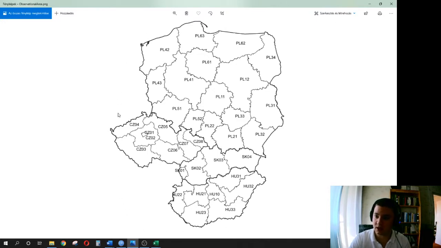So for the next 5 or 6 occasions, we are going to measure the degree of the spatial differences in this observational area, in this big region, by the NUTS 2 regions.